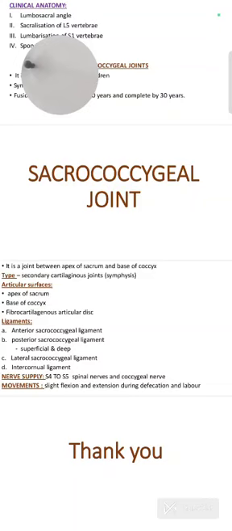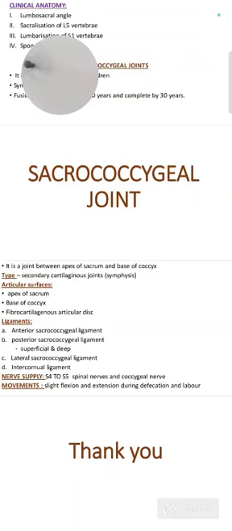So these two articulate to form the sacrococcygeal joint, and the type is symphysial, a secondary cartilaginous joint. The articular surfaces are the apex of the sacrum and the base of the coccyx, along with a small fibrocartilaginous disc in between.